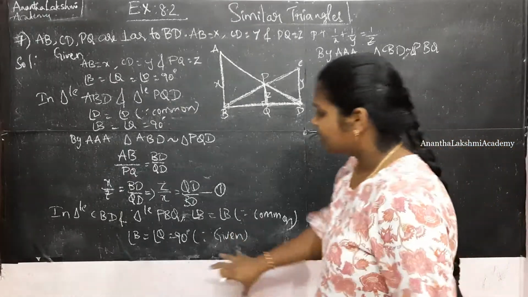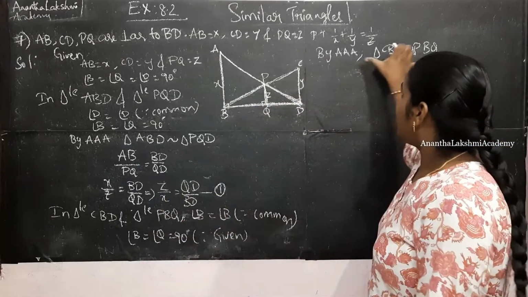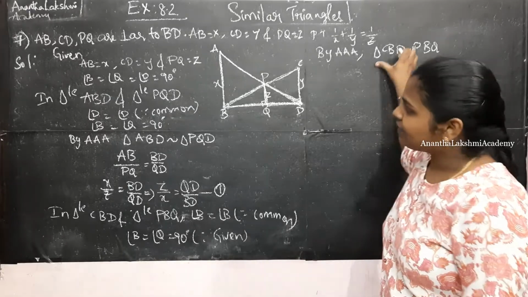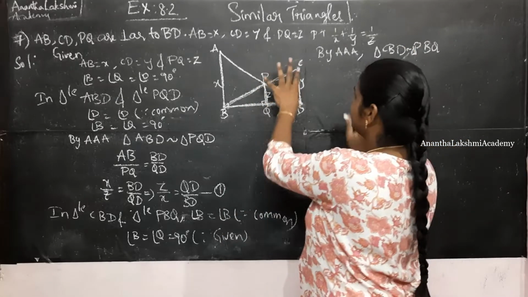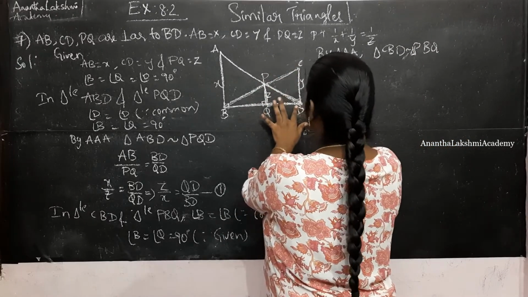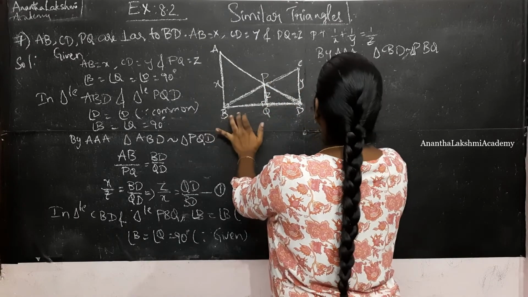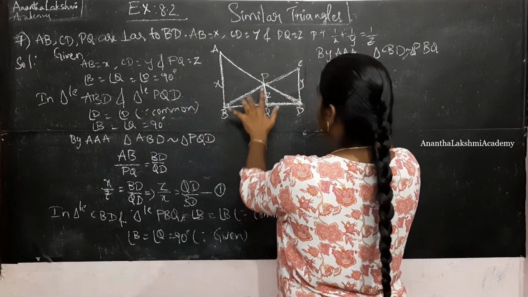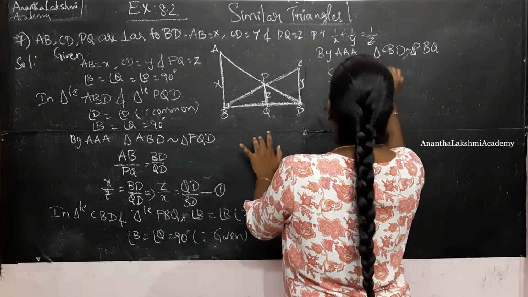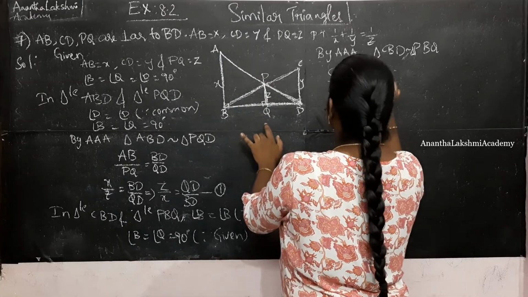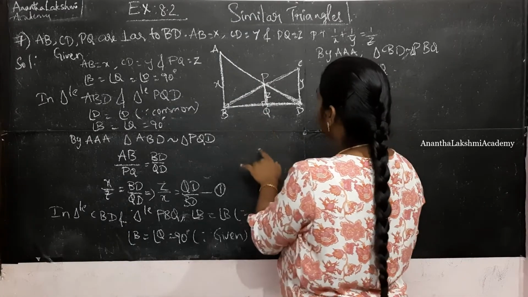Now you know that two angles are equal and triangles are similar. Can we consider the ratios now? Yes. CD by BD is equal to PQ by BQ. Alright.